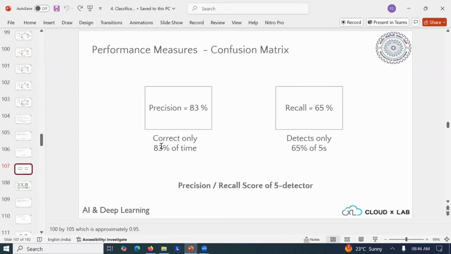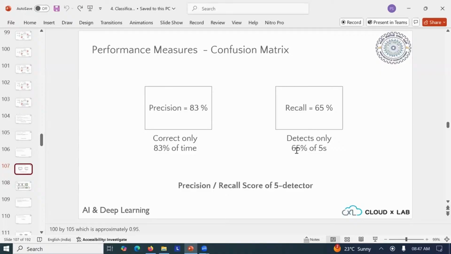So this model is correct only 83% of the time, which means if the model predicts digit 5, it is correct 83% of the time, right? But our model can only detect 65% of true cases, and the remaining 35% of cases the model is not able to detect, right?